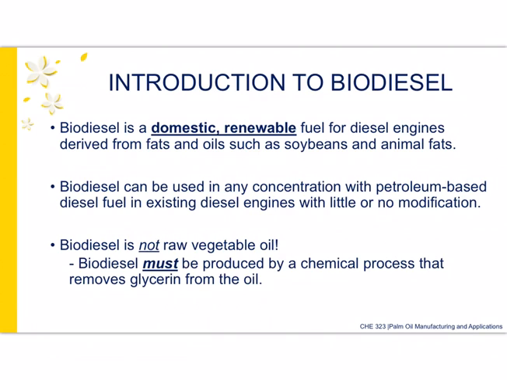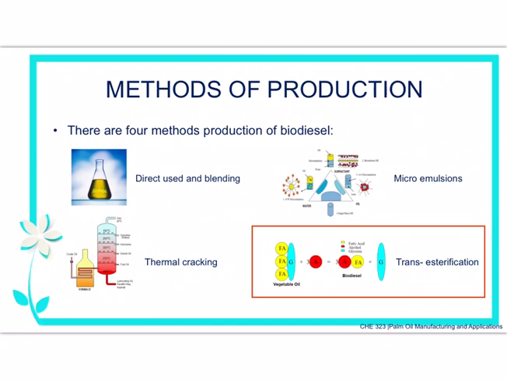Like I mentioned before, the production of biodiesel must come from a chemical process. One of the chemical process methods used is trans-esterification. You can also have other types, such as microemulsions, thermal cracking, and maybe direct use and blending.